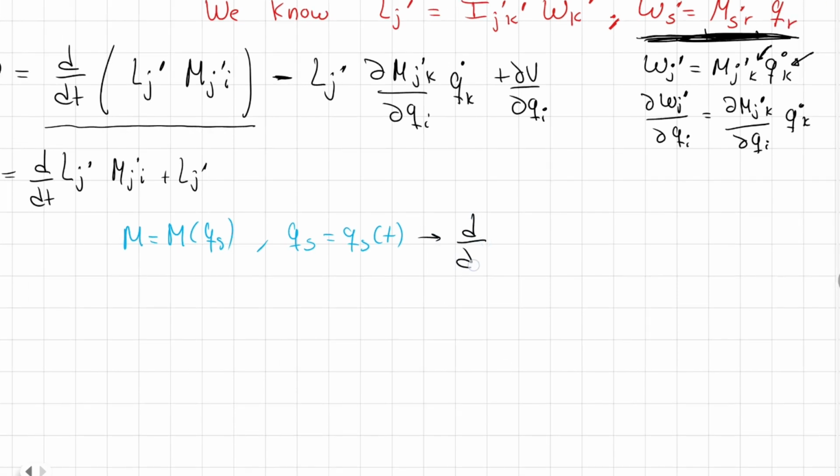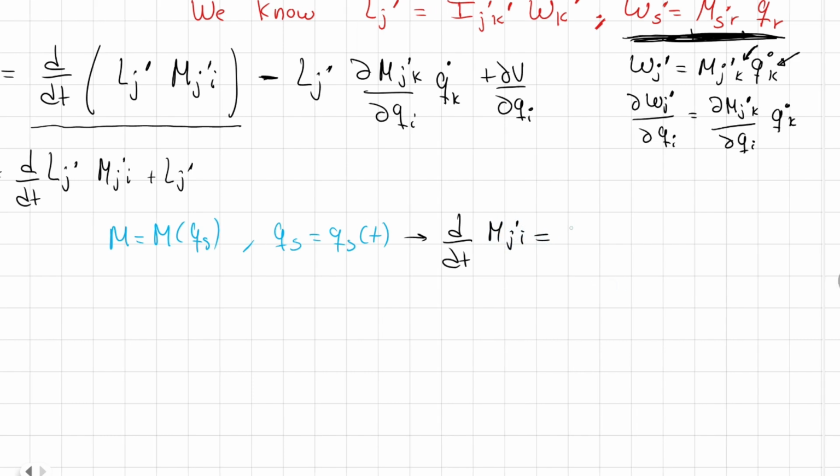Like this, the derivative with respect to time of m_j'i is going to be equal to first the partial of m with respect to q, and then q dot, which is the derivative of q with respect to time. So that is the rule that we are going to use.